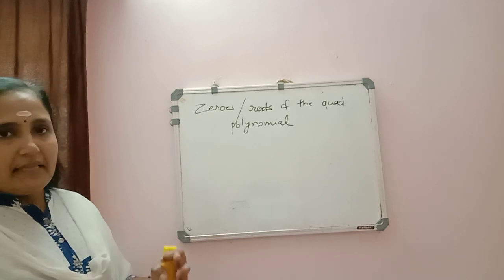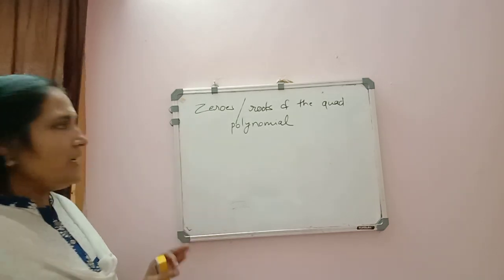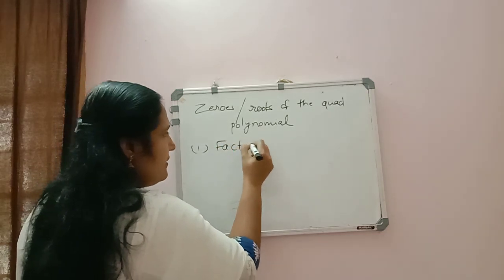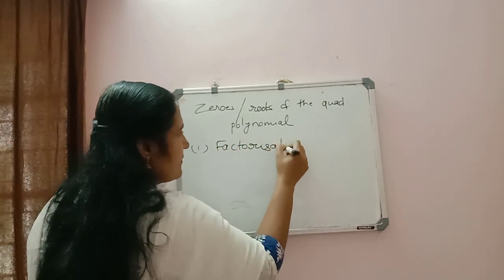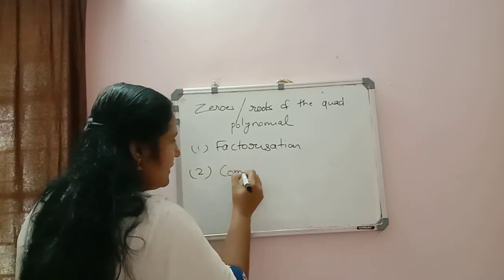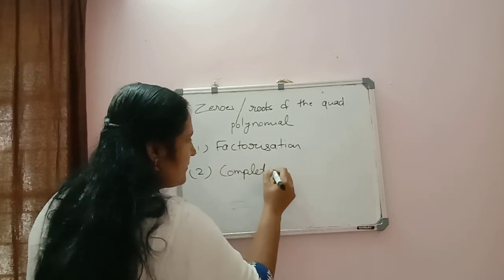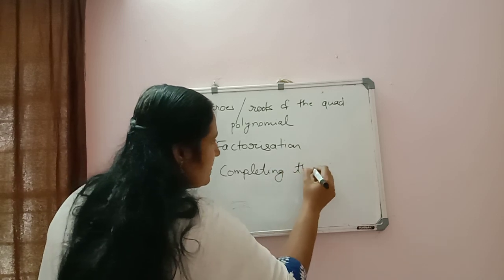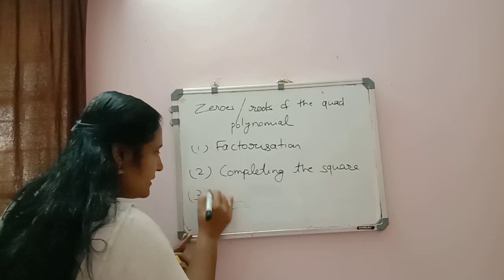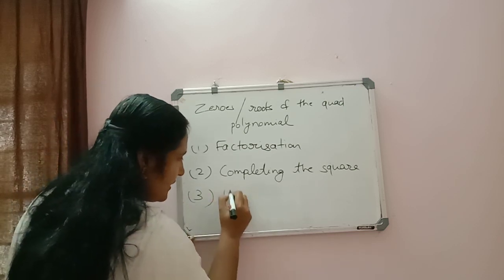There are three methods to find out the zeros of the quadratic polynomial. First method is factorization. Second method, completing the square. And third method is using the quadratic formula.